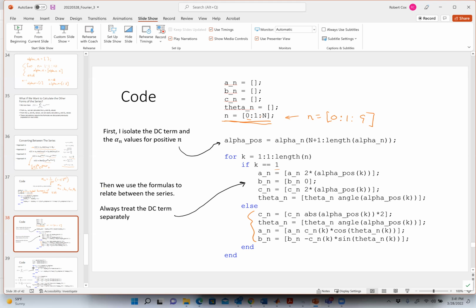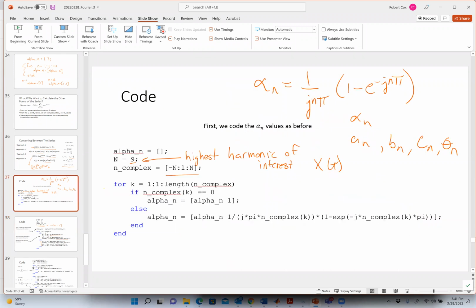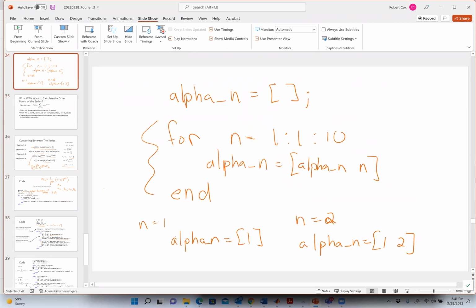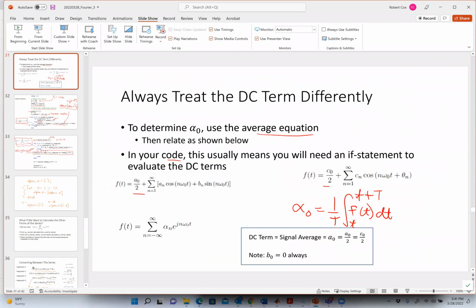And so what I'm putting in there, notice, is 2 times the value of alpha 0 into the B series, 2 times the value of alpha, right? And then for the theta, I gave it an angle. Remember back to my relationships there for the DC terms, I always said that my average value is whatever alpha naught is.